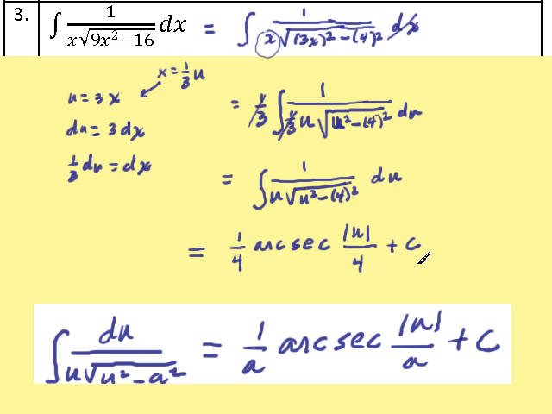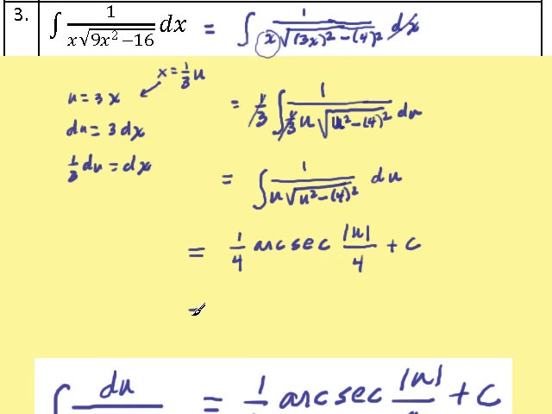And now we'll substitute u is equal to 3x. So finally, it's 1/4 arcsecant, absolute value of 3x over 4, plus c.